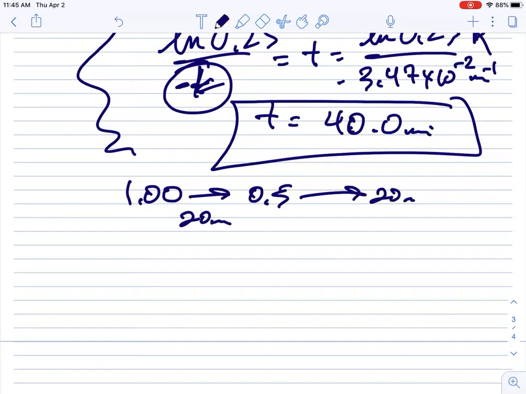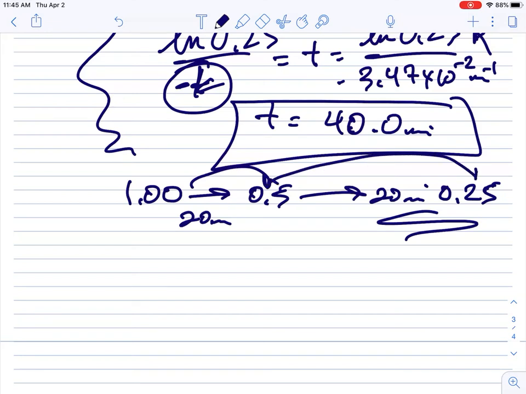After another 20 minutes, after another half-life, that concentration is going to drop to 0.25. So we actually, in this situation, didn't have to do all the math if we had just thought through what is happening: I'm going to go from 1 to 0.5, which is going to take 20 minutes, and that 0.5 is going to drop to 0.25. Okay, well, that makes sense then, too.